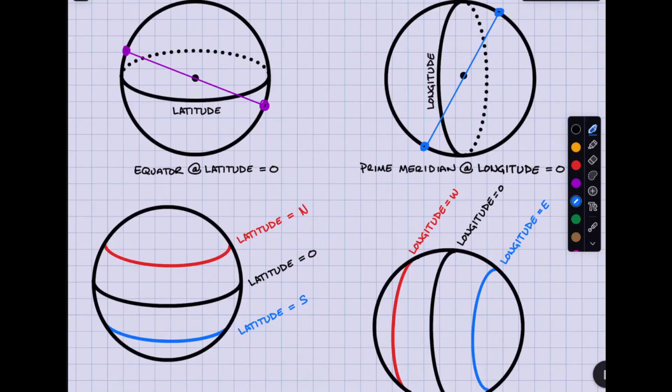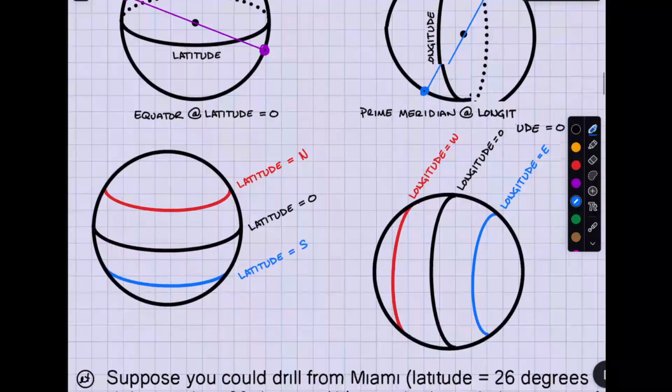Now you're going to sit here going, oh yeah, so it must be just 80 degrees east then. Because that's what it looks like. But remember where 0 was, right? It's the prime meridian. This, however, is a little bit different.